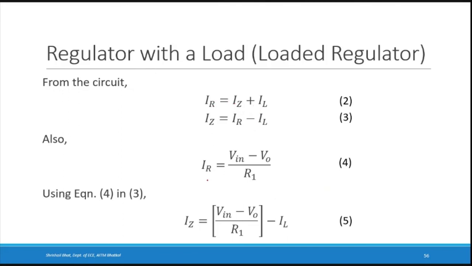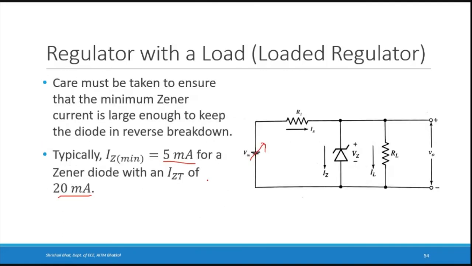Now what is IR? From the circuit, IR is the current flowing through R1. So the current flowing through R1 will be the voltage drop across R1 divided by resistance R1. What is the voltage drop across R1? It can be calculated as the voltage at this point minus the voltage at this particular point.